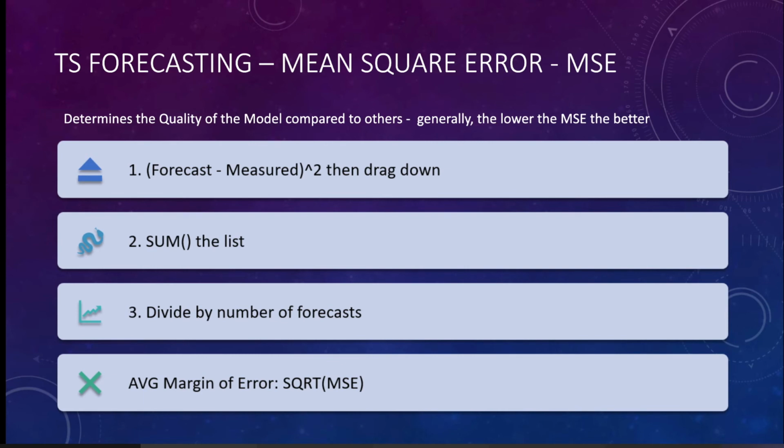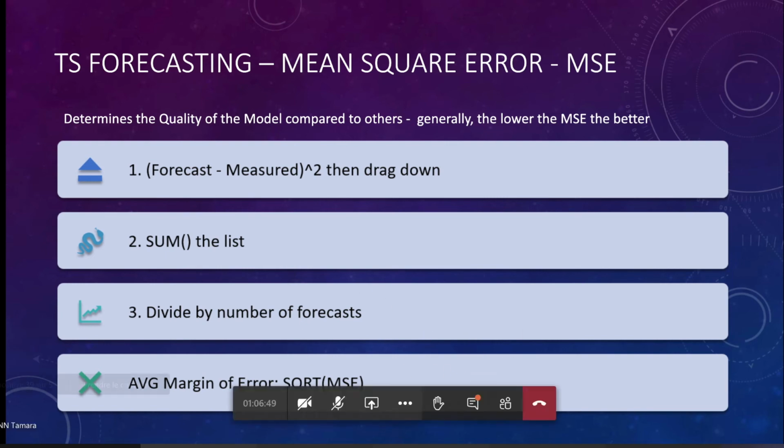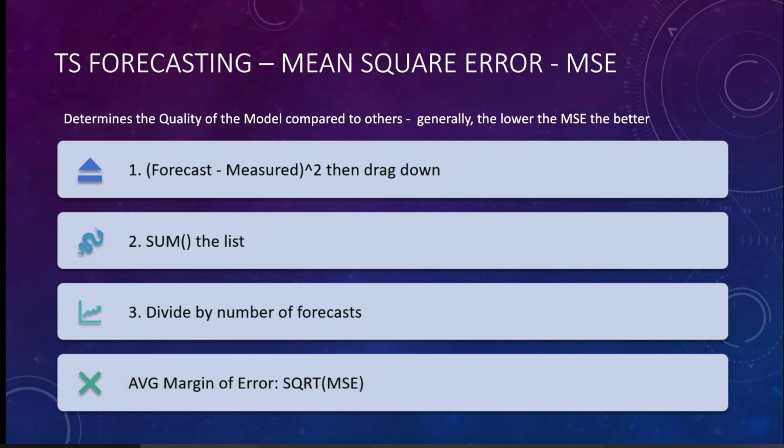Okay, then once you've done that, you will have a way to look at your different forecasts and decide on the best model. Now, if you also want to calculate your margin of error, also written as EM or average margin of error, the only thing you still have to do is take the square root of the mean square error, and that will be your error margin.